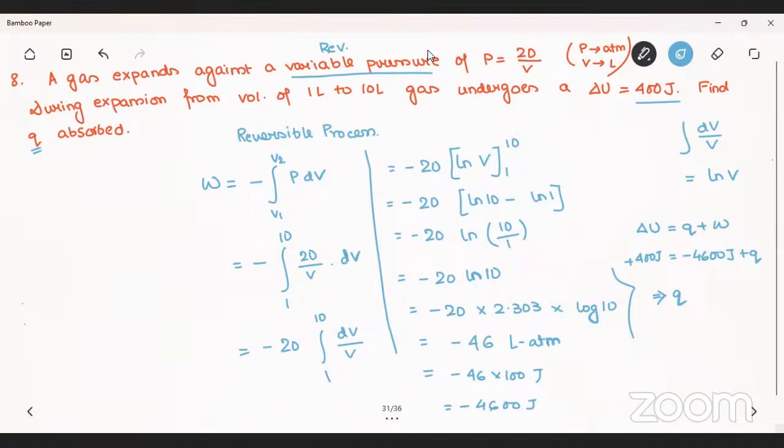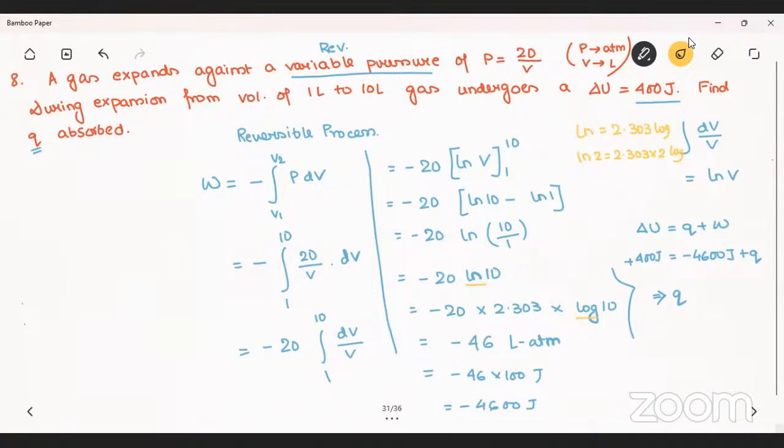I'm asking why did you multiply it with 2.303 here? Acha, sorry. To convert ln to log, ln is equal to 2.303 log. Means ln 2 means 2.303 into log 2.